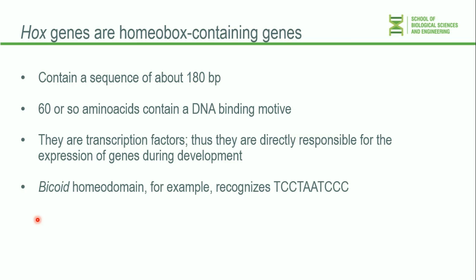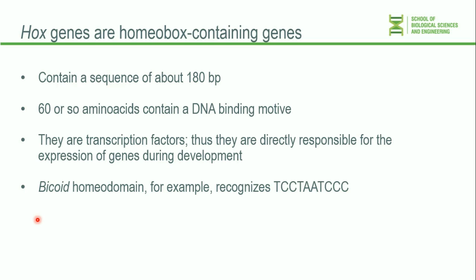So up to this point we have seen how maternal effect genes set up a polarity inside of the zygote and the developing embryo. And we've seen that these maternal effect genes often produce morphogens that provide a sense of location for each cell within the developing embryo.